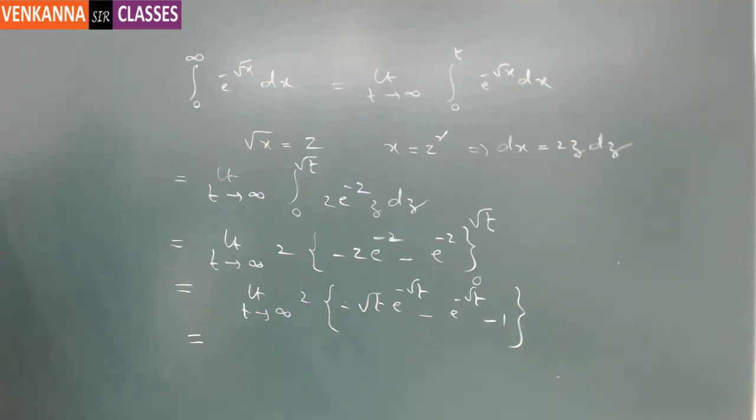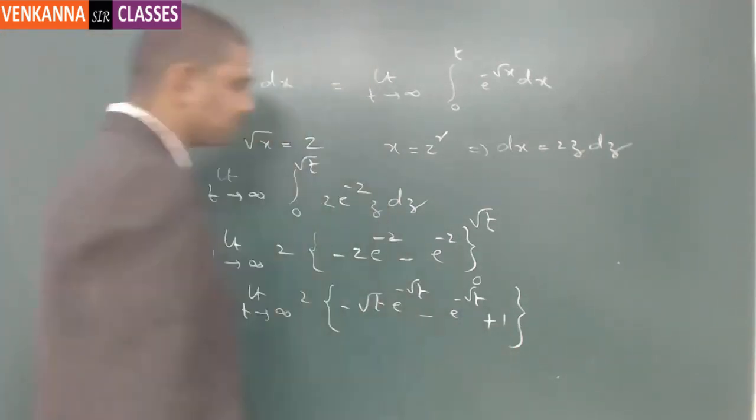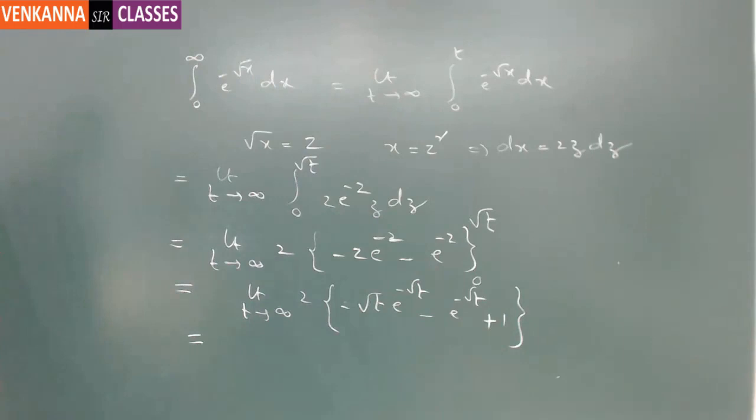So is that minus 2 or plus 2? While applying the limits, it will be plus 1, right? You are going to get the value as 2. Accepted?